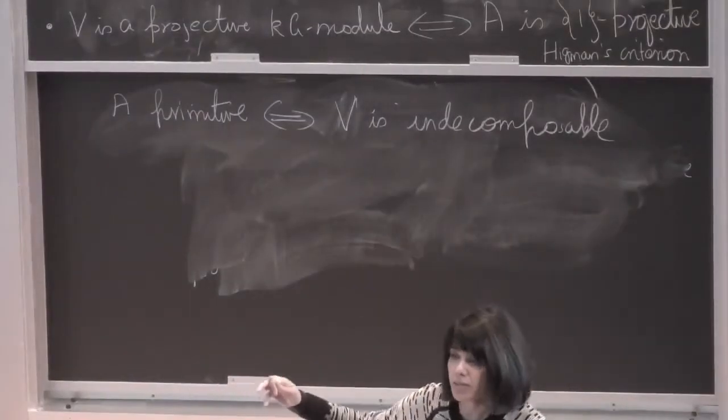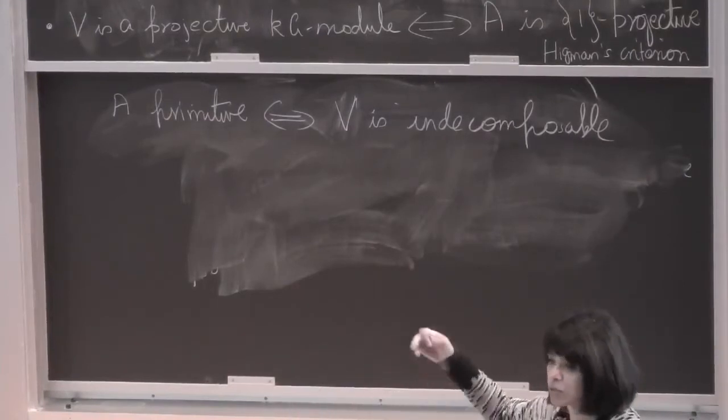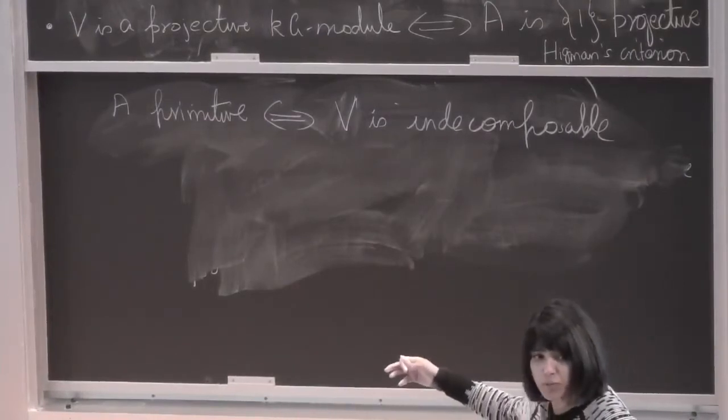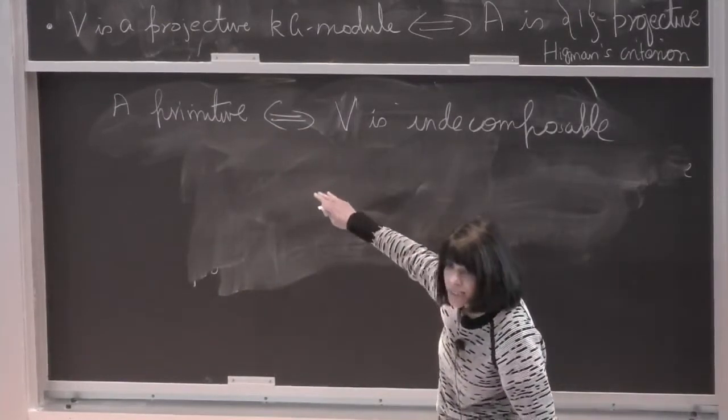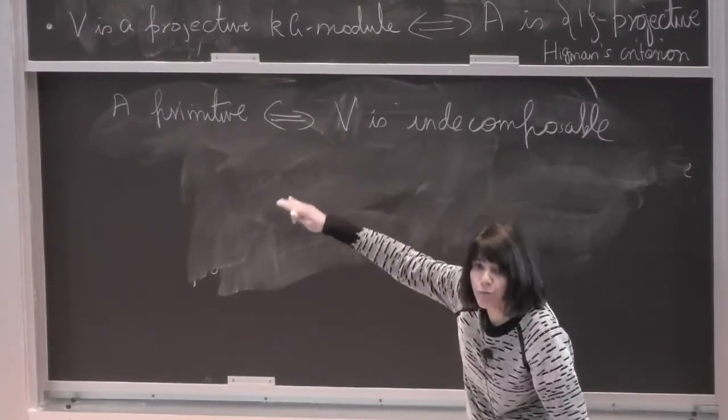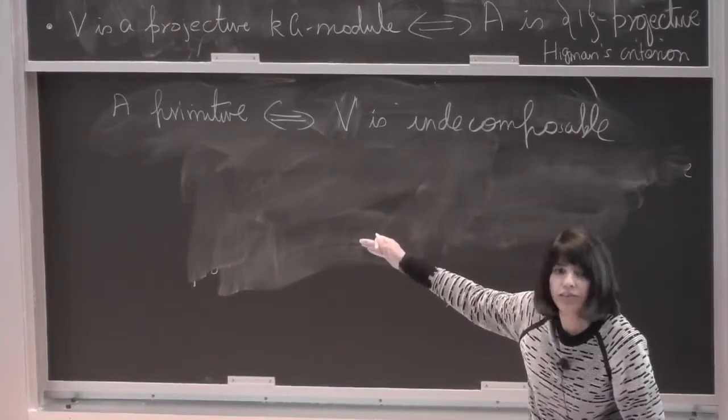For those who have heard about vertices or sources of indecomposable modules, in the situation of this example, a defect group of A is a vertex of V.